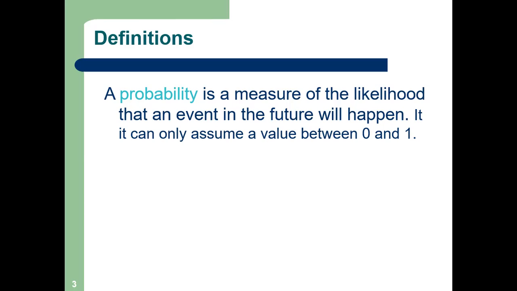Like when we say the chances of rain is 20%, 0.20, or the chances that sun will not come out tomorrow is, for example, 0.60 or 60% chances. This is how we calculate probability. So there are some scientific methods to calculate probability. We will discuss those in detail.